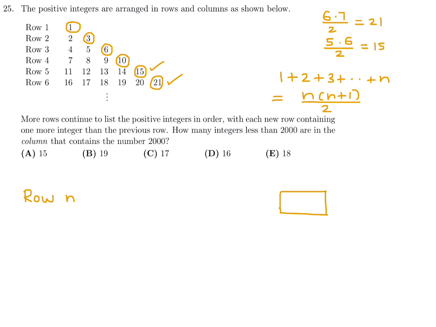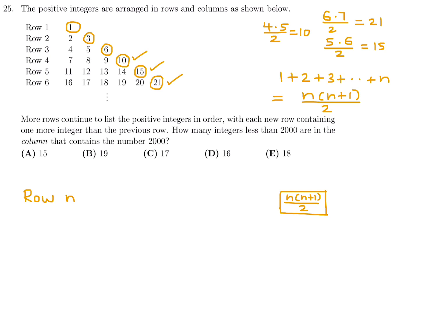There you go. Let's do one more. I'm sure you're convinced, but let's just do one more. When n is 4, using this formula, you get 4 times 5 divided by 2, which is 10. And as you can see, generally speaking, if the row is the nth row, the very last term in that row will be n times n plus 1 over 2.